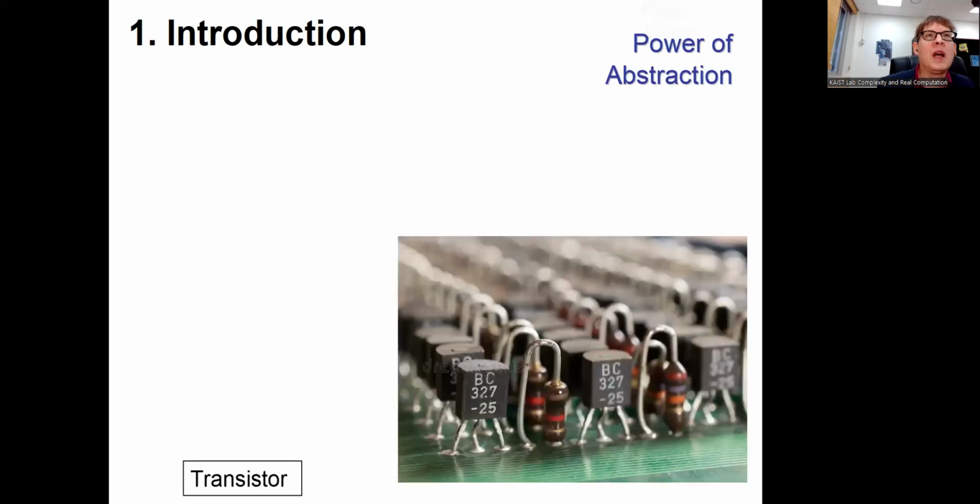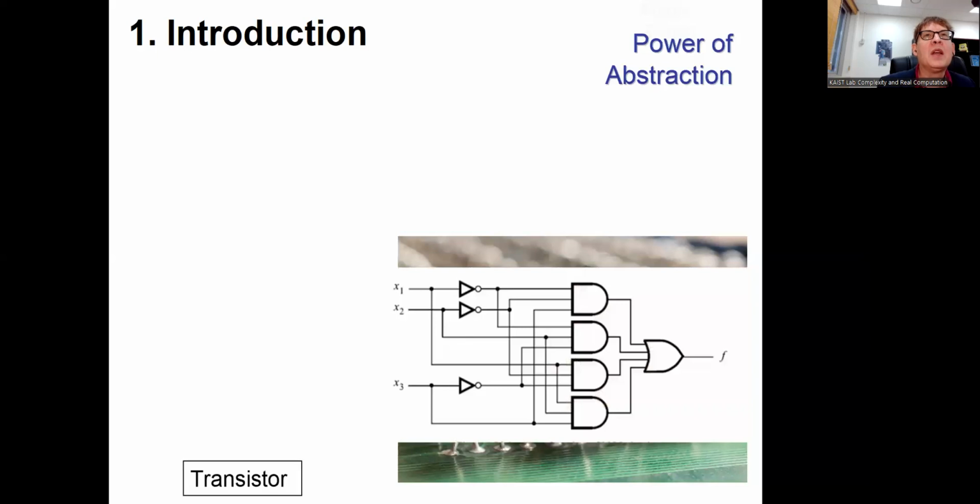Moreover, on a higher level, combining these transistors to realize more complex functionality is maybe confusing and hard to understand. That's why we can abstract from these soldering details and just look at the circuit diagram.